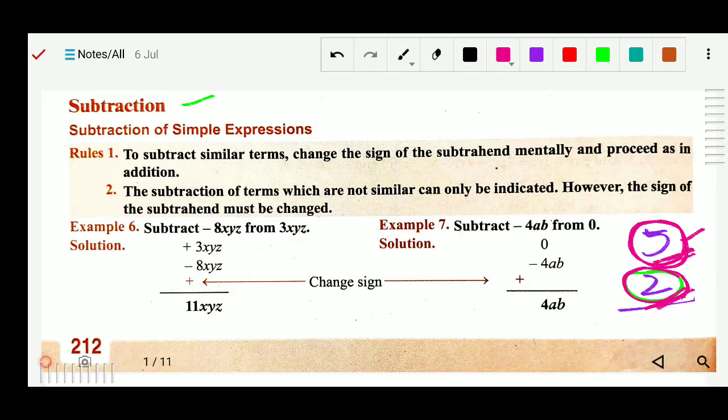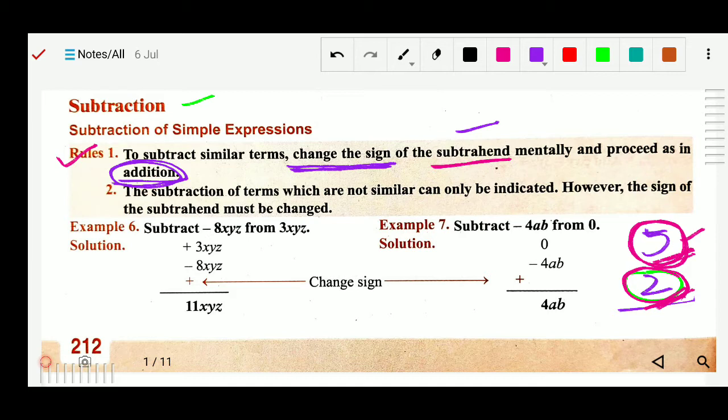So the first rule says we have to change the sign of the subtrahend, then proceed with addition.